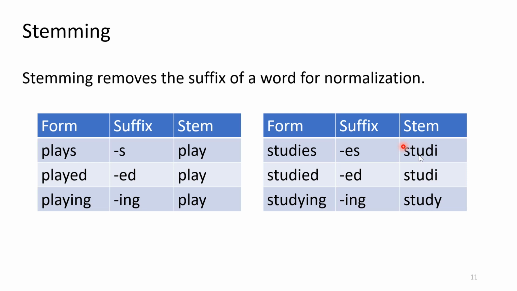Because stemming just chops off the suffix without considering the change in the person or tense. So study changes its spelling with the es and ed and ing. So stemming sometimes makes some words into a strange form like this.